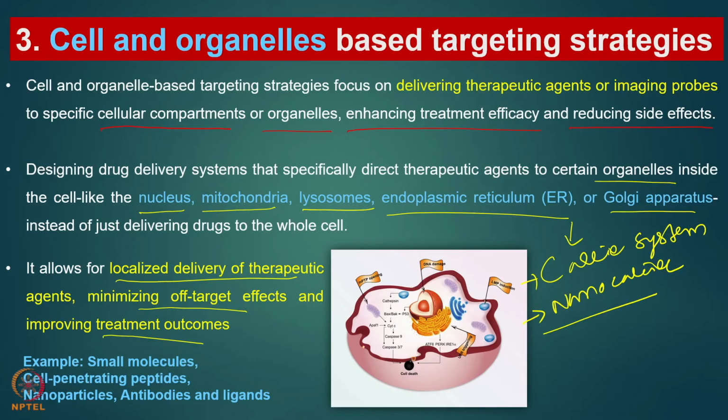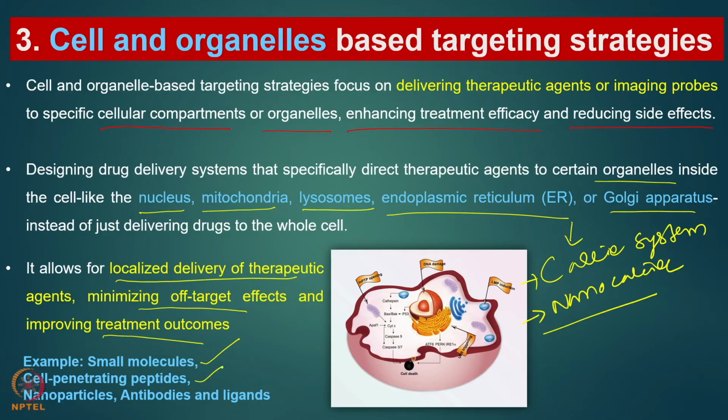Now, here you can see these are the various organelles. Based on the disease microenvironment or by using various active targeting, we can deliver the molecules into the particular cells. For example, by using small molecules we can also target the cell organelles.